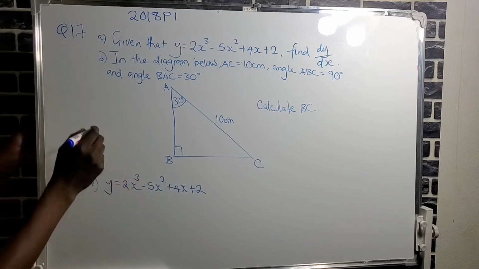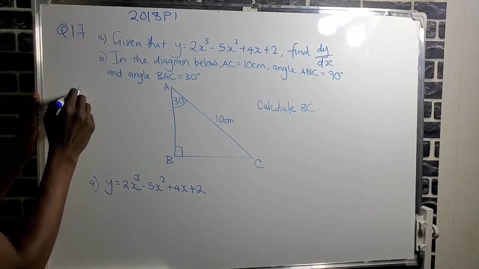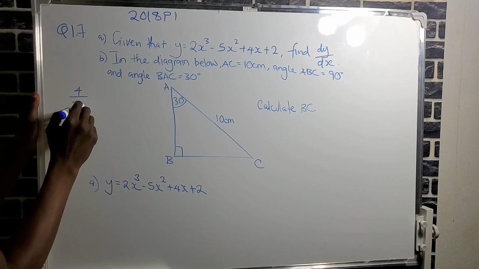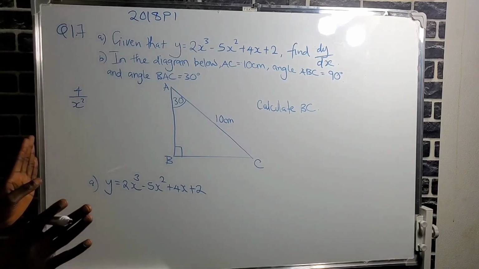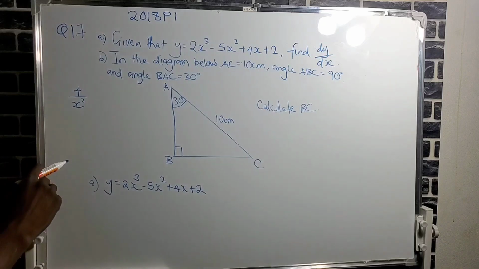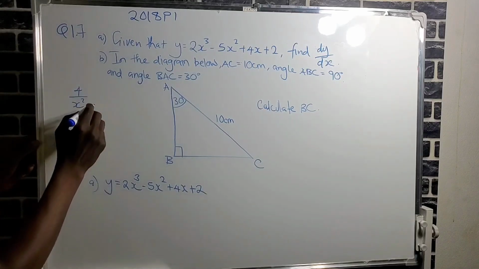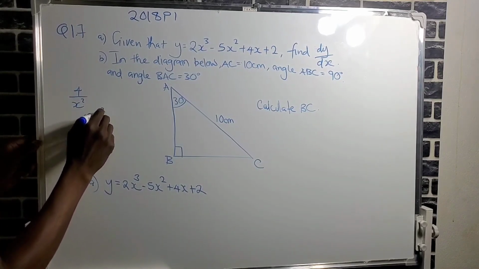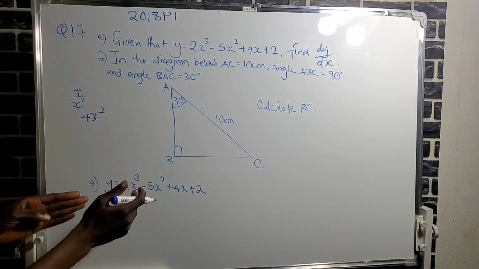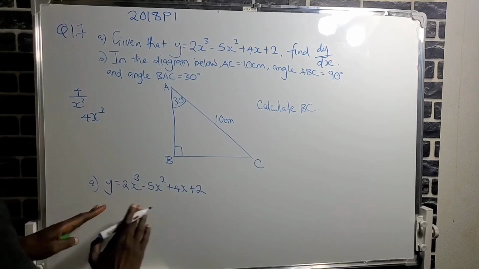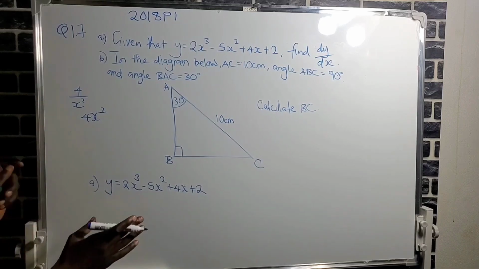Make sure it's not in a form like 4 over x to the power 2. You cannot differentiate directly. You change this to 4x to the power negative 2 before solving. So this one is direct, so you just go ahead and solve it.